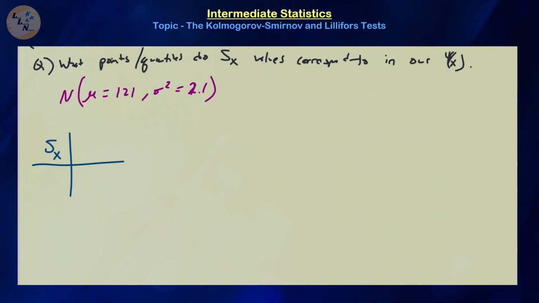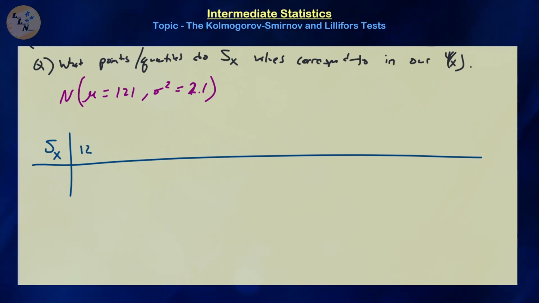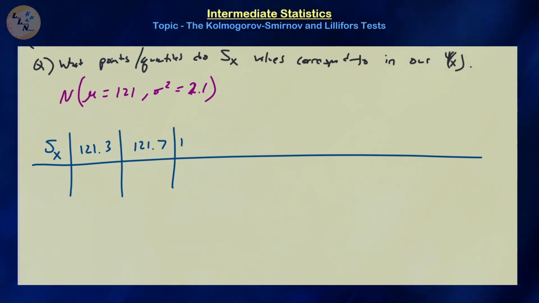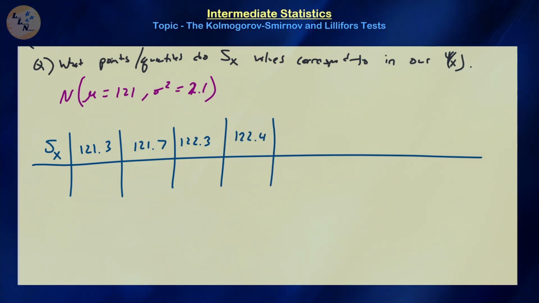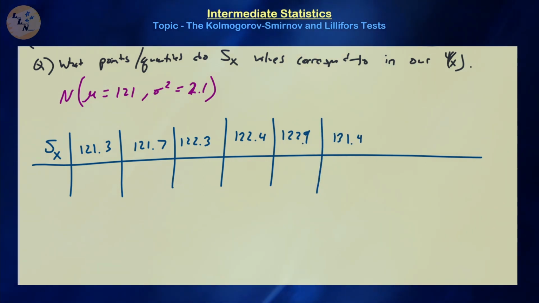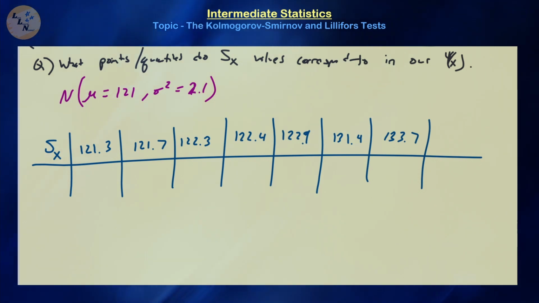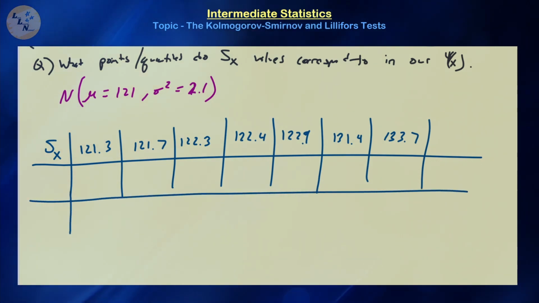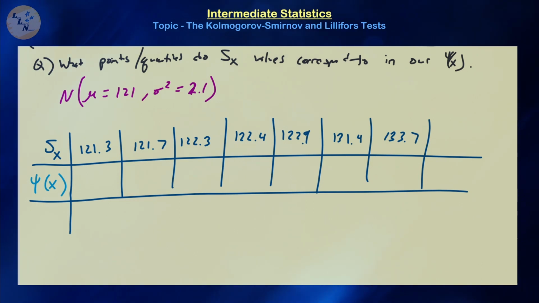So our sample values were, let's list them out here, 121.3, 121.7, 122.3, 122.4, 122.9, 131.4, and lastly 133.7. Okay, so what values are they associated to in our true cumulative density function?